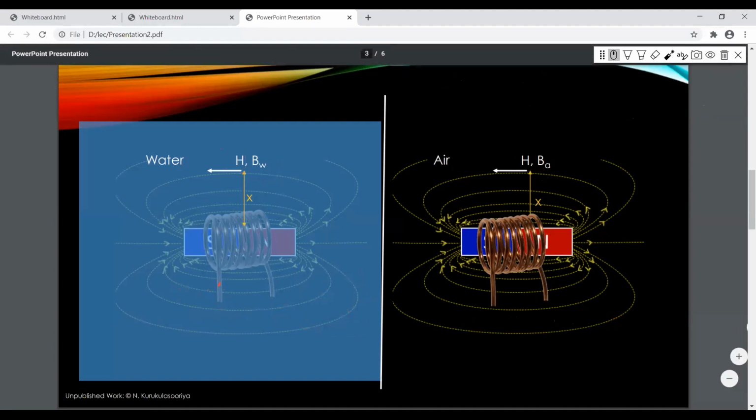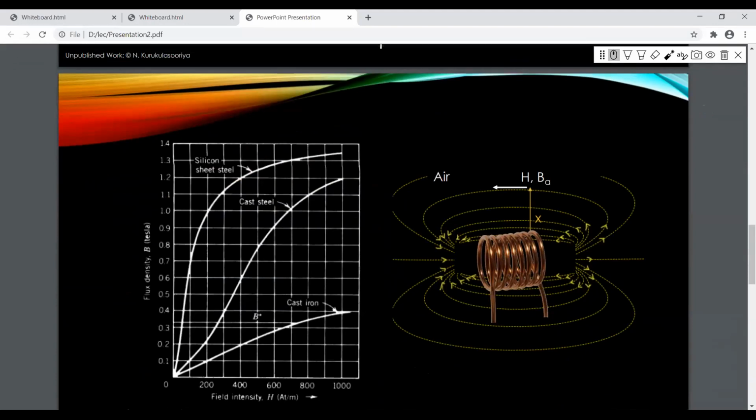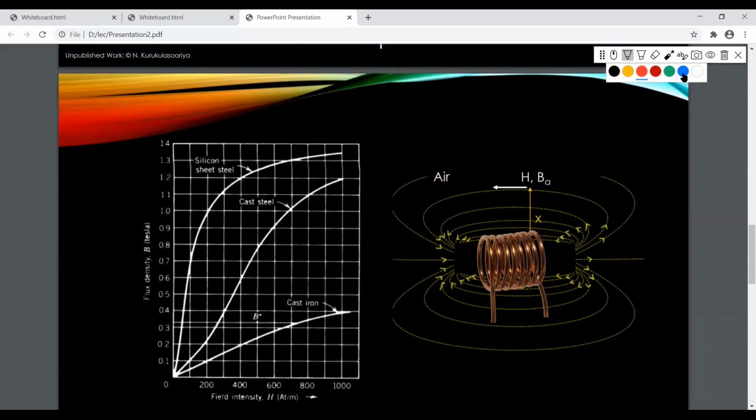And going further, let's say you are going to insert a different medium here. It's in the air, and you are going to have a piece of, let's say, cast steel or silicon steel metal through this coil, right?